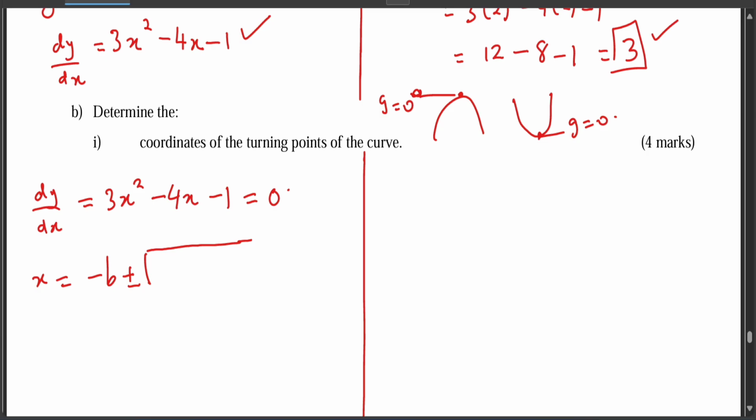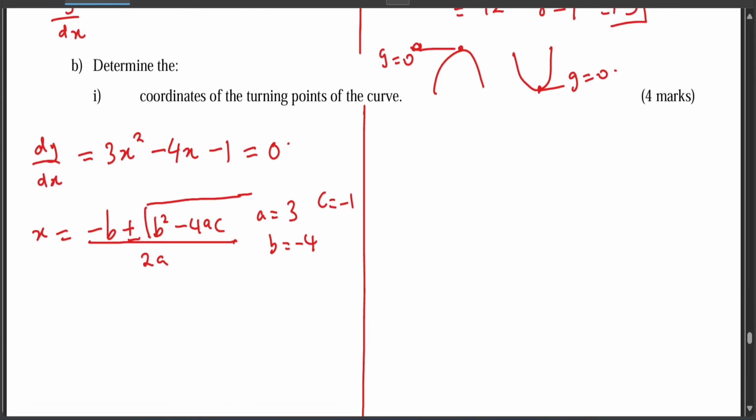So quadratic formula is given by this: negative b plus or minus the square root of b squared minus 4ac, divided by 2a. So our a is 3, our b is negative 4, and our c is negative 1. So replace b with negative 4.